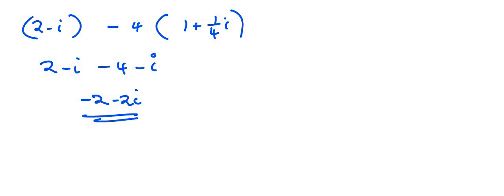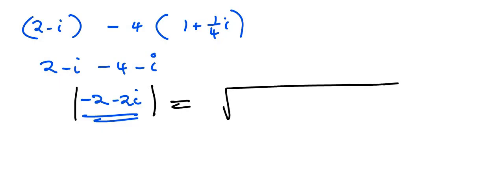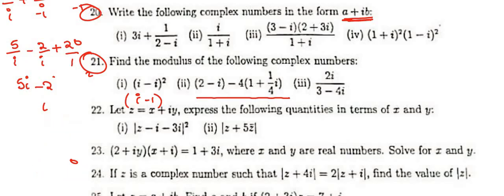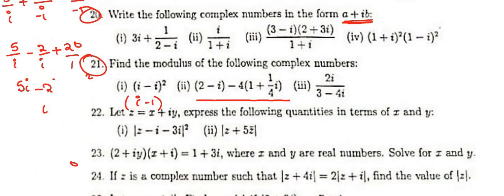I was asking, there's a difference between 19 and 20, right? Here it says expressing it in the form of a plus bi. This other one is a plus ib. So there's a difference? No, 19 and 20.